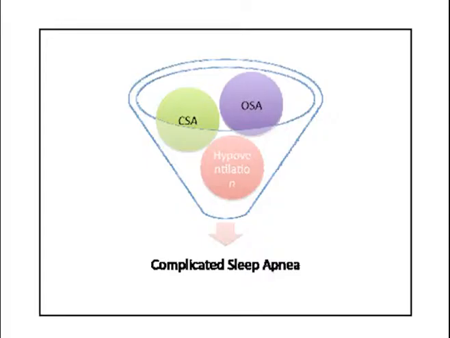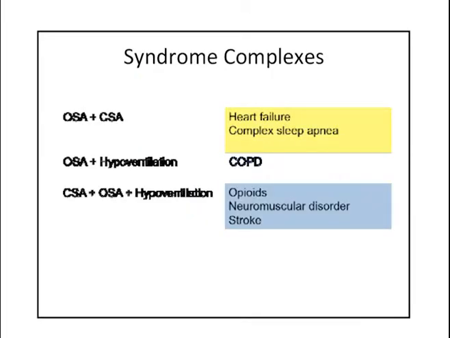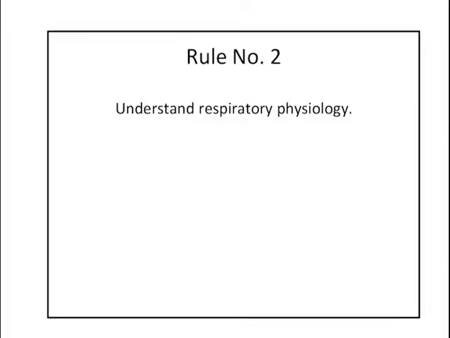In heart failure, or complex sleep apnea, you will see evidence of both central and obstructive. In advanced COPD, you may see obstructive and hyperventilation. We refer to that as overlap syndrome. And all 3 could occur in somebody on high-dose opioids, stroke, or a neuromuscular disorder. Okay. Rule number 2.